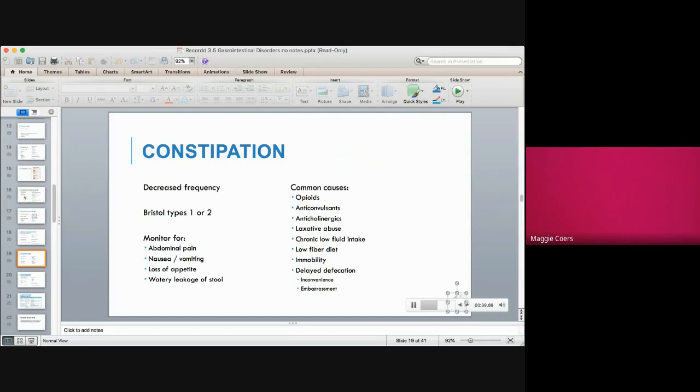Also, if the patient has an impaction, or some hard stool that's not able to pass, they'll have watery leakage of stool around that blockage, or around that impaction. So it's important to watch. The things on your slide that I've listed are the most common causes of constipation.